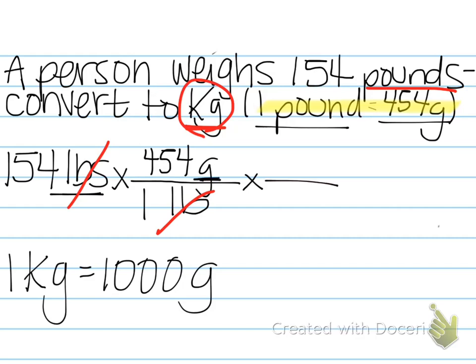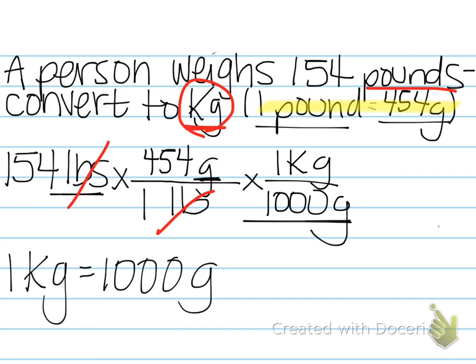Grams is on the top here, which means that grams needs to be on the bottom. We haven't seen a problem like this yet, where we have a number on the bottom. So most of them have just been a 1 on the bottom, but now we have a 1,000. This is fine, okay? I see a lot of people try and make sure that there's always a 1 on the bottom and the other side of the equivalent statement that has the other number is on the top.